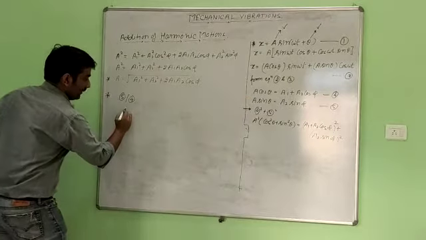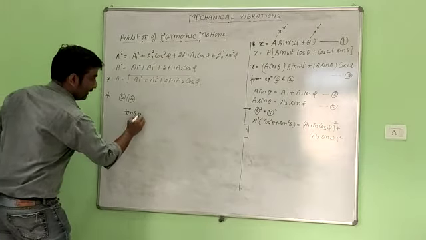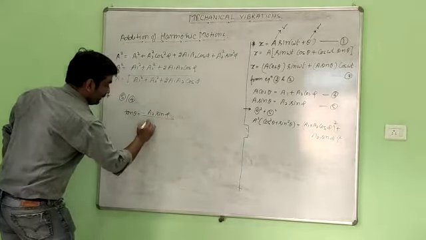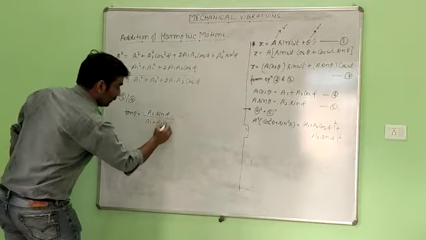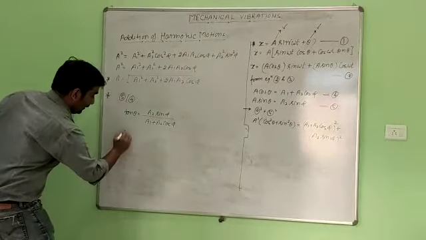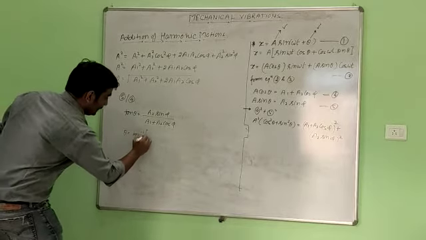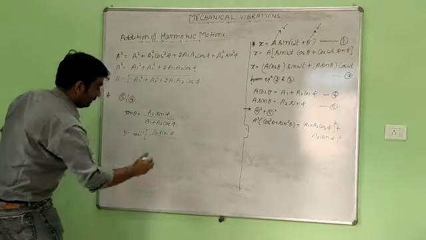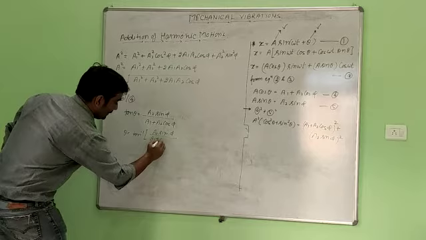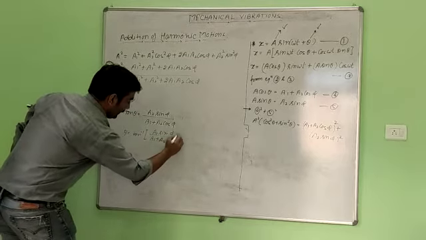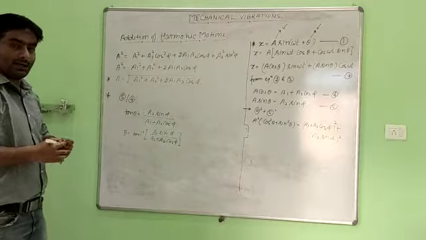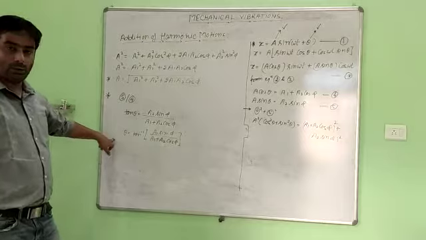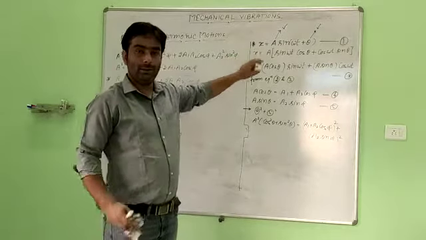We will have sin by cos, tan theta, equal to a2 sin phi divided by a1 plus a2 cos phi. Or theta equals tan inverse of a2 sin phi divided by a1 plus a2 cos phi. Now we have both the unknowns a and theta. We put these here and we will have the resultant.